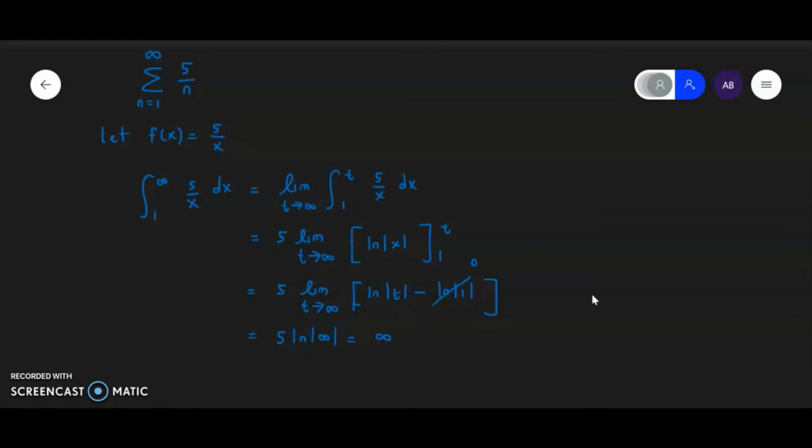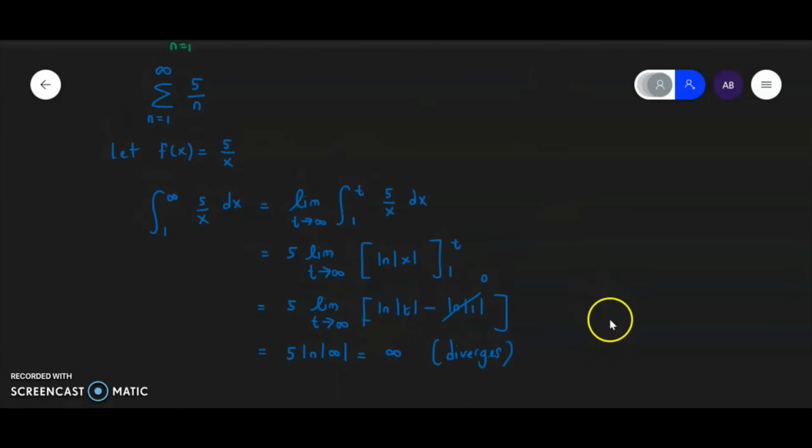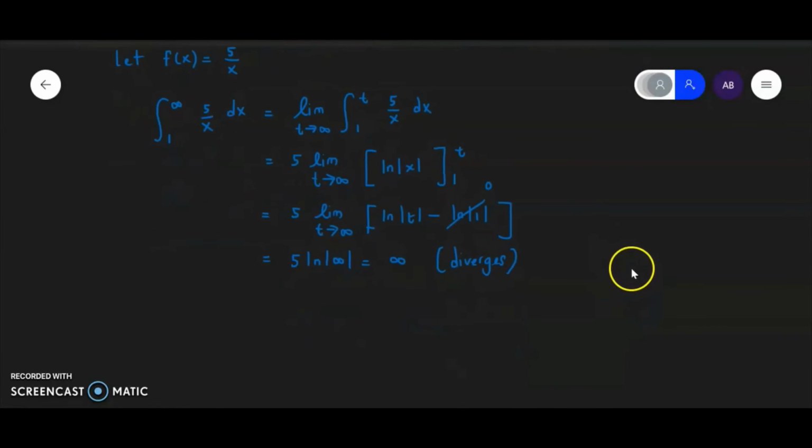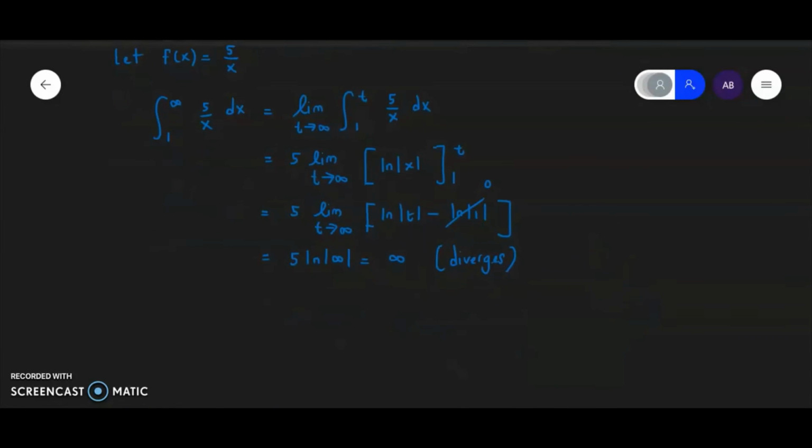So we know that by the integral test, the harmonic series diverges. This is true for every harmonic series. A harmonic series must be in this form: n equals 1 to infinity of 1 over n, or n equals 1 to infinity of 6 over n.